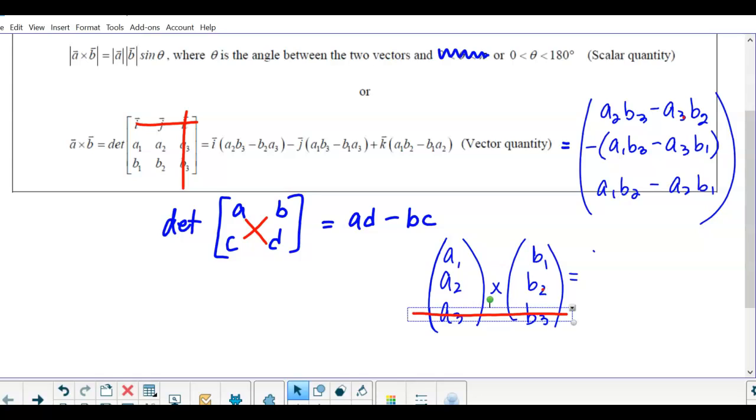Well, that's the definition of a determinant. So wait till the next example on the next page, and we'll do it the long way, and then you can kind of see why it changes. But that's just the definition of a determinant of a 3 by 3, that the middle component is the opposite sign.